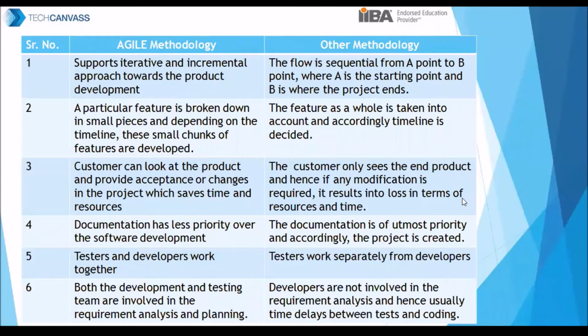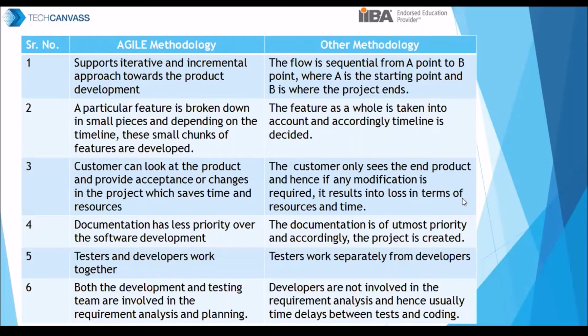So again we revisit it and start working in that direction. So my time is saved because I have not created the whole bunch of features. The customer has already provided me what the changes are required.